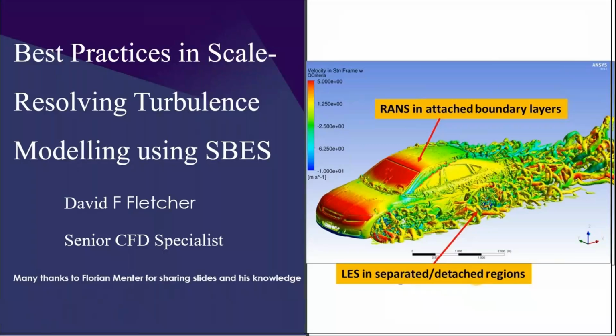So if we just start on this front page, you can see that we've got a car, so a traditional aerodynamic simulation. All of our turbulence is coming from the wakes, from the spinning wheels, and we've got some very nice turbulent structures being captured there. But over much of the car body, we've got no separation.